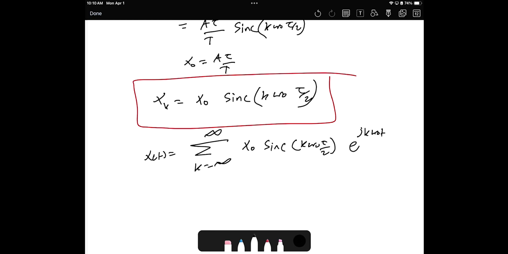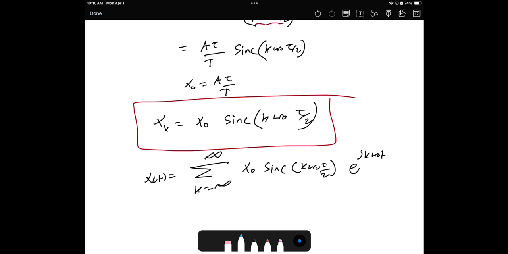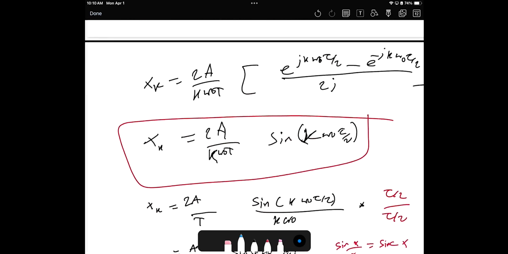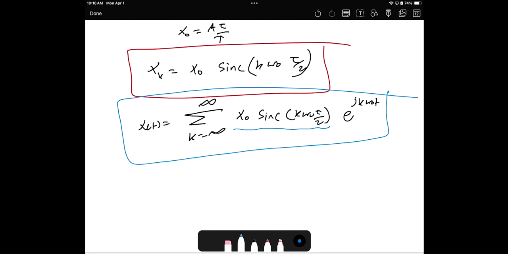This is the Fourier series in the exponential form. Then for problem 1, if you want to substitute x of k with the other one that we boxed, the first one, this is correct. No matter what we use, here I just show you the simplest way. That's how we simplify it all. Any questions?